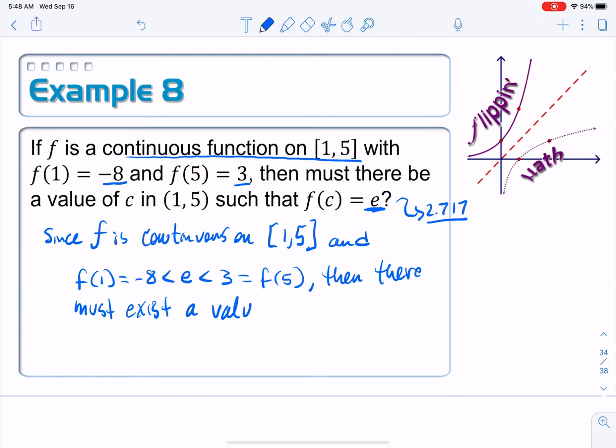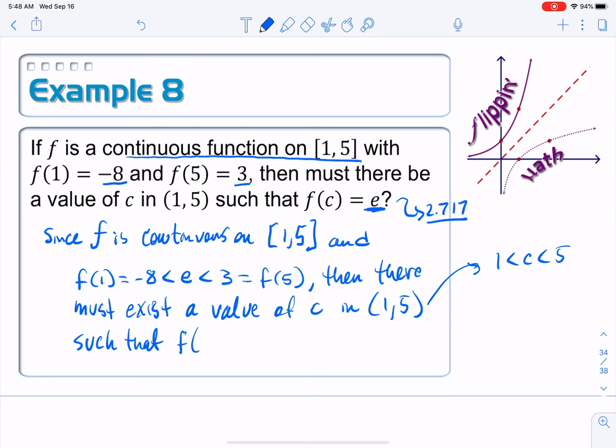If you don't believe me, let me rewrite it for you, of c in the open interval from 1 to 5. Or you can write this as an inequality like this. 1 is less than c, which is less than 5, of course, such that f of c is equal to e.